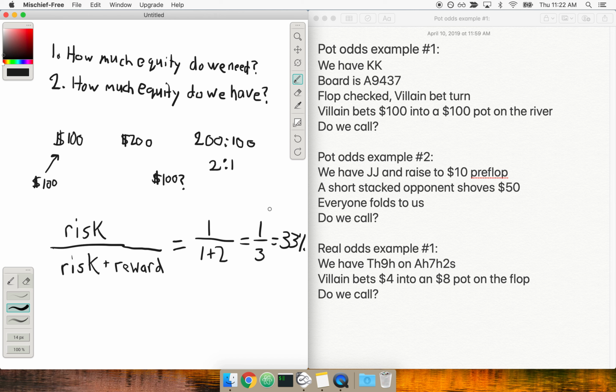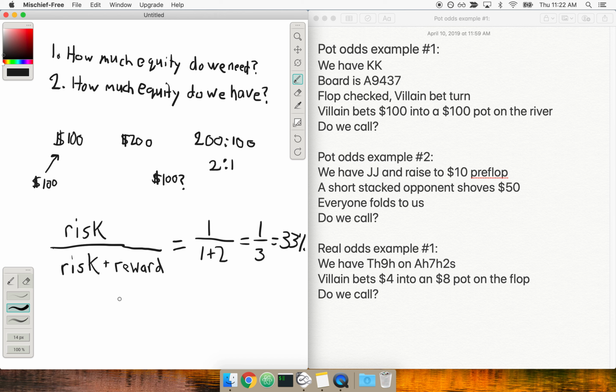Cool, so now we've answered this first question: how much equity do we need? Just to recap, we looked at what our pot odds are, and then we used this risk divided by risk plus reward formula to see how much equity we need.